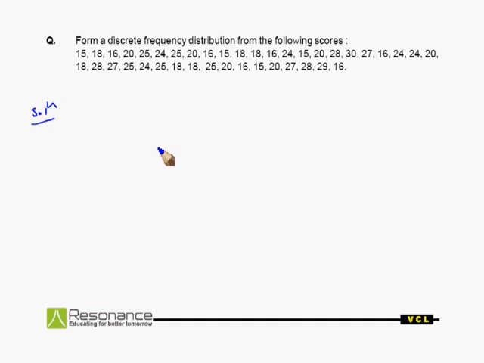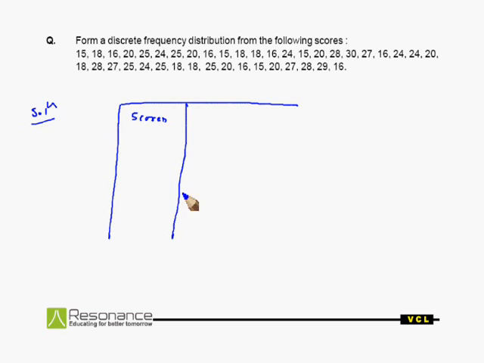we have to make three columns. In the first column we write the scores, or you can say the variables. In the second column we write the tally marks.